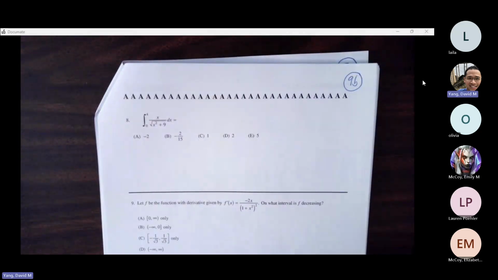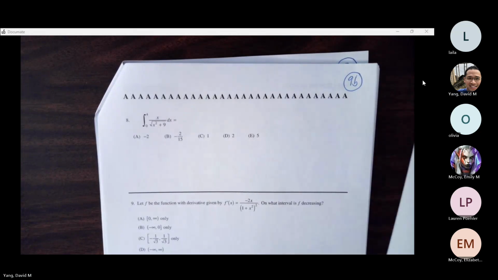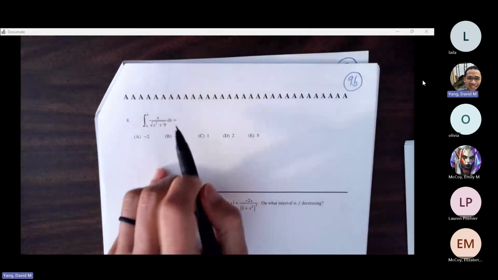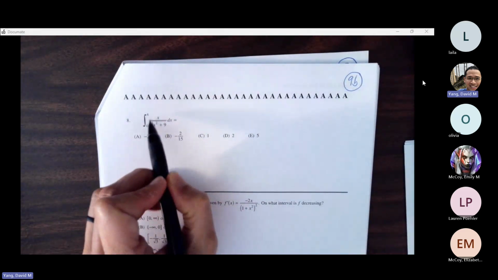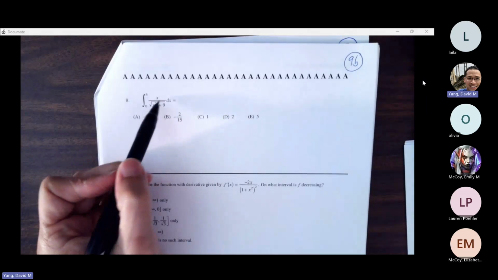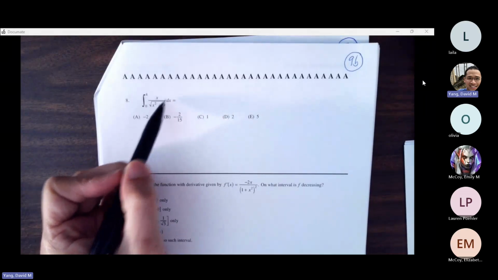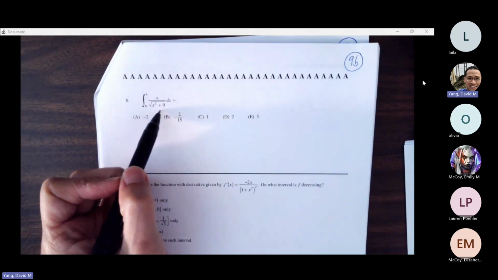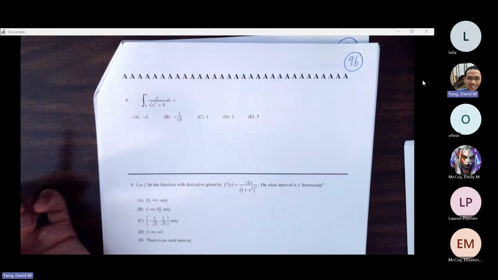Right. Continuing on page 9. We have a definite integral now. We have bounds involved. And so we're looking, okay, what can we do? Because right now there's no rule that can handle such a complicated problem, but maybe u substitution can do it.